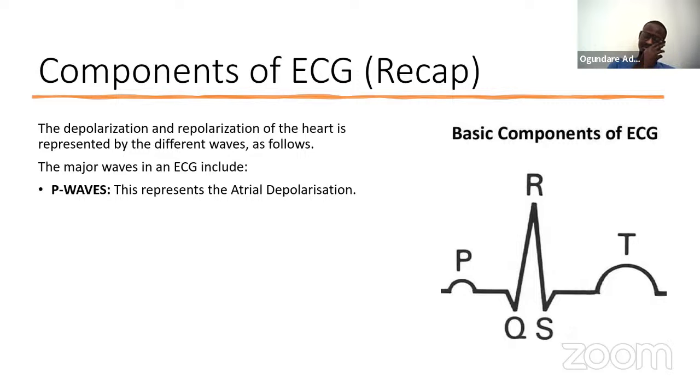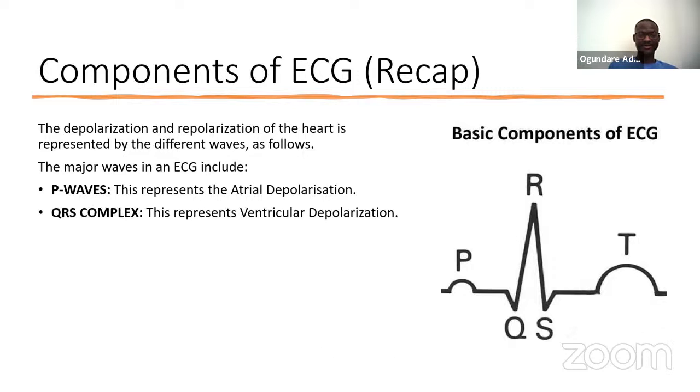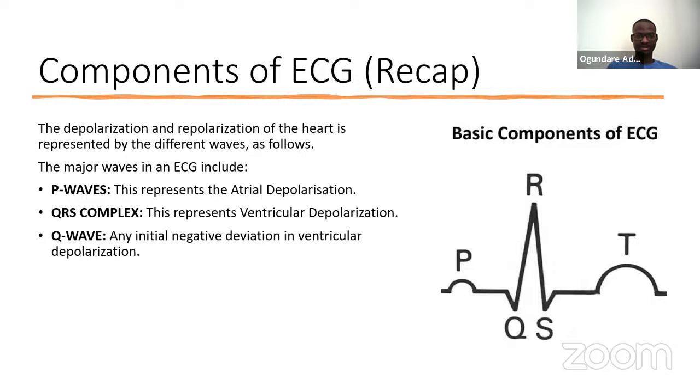So P wave represents atrial depolarization. QRS complex represents ventricular depolarization, which is ventricular contraction. Q wave is the initial negative deviation in ventricular depolarization. I'm sure you can see it on my screen already. The R wave is the positive deviation in ventricular depolarization.